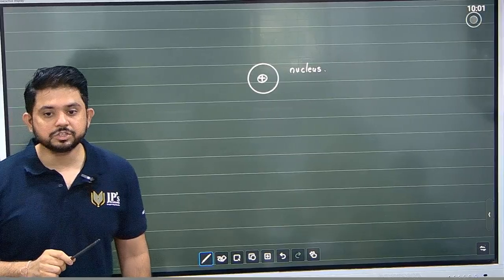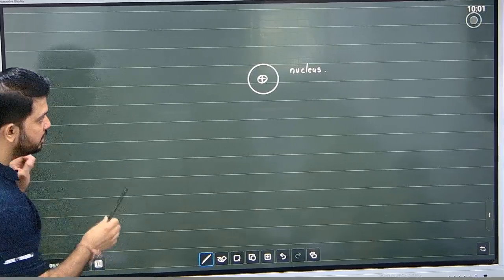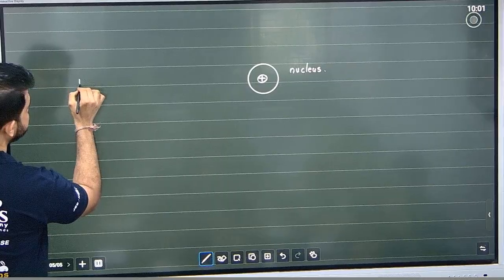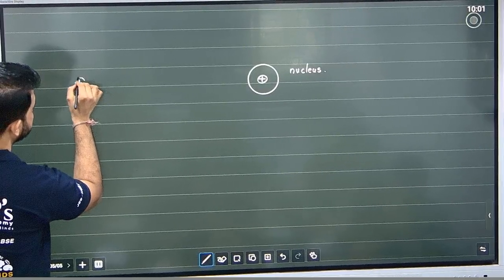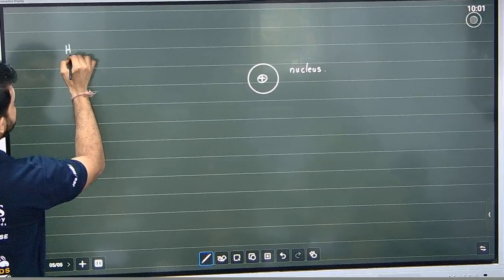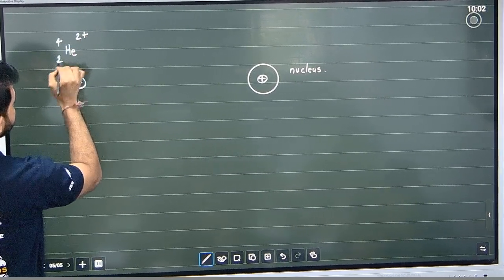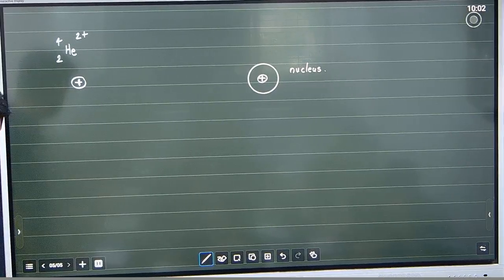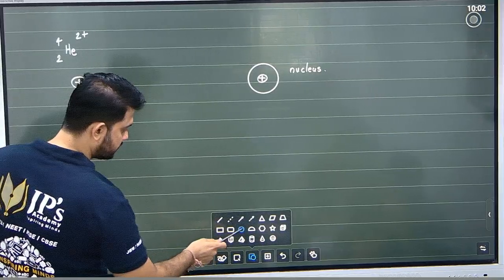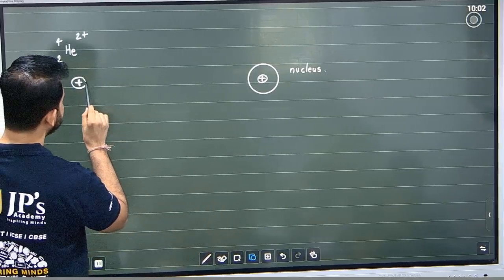Positive. What is the charge on alpha particle? So here a positively charged alpha particle is coming, which is a doubly ionized helium nuclei. Towards which particle was it traveling? Towards whom?